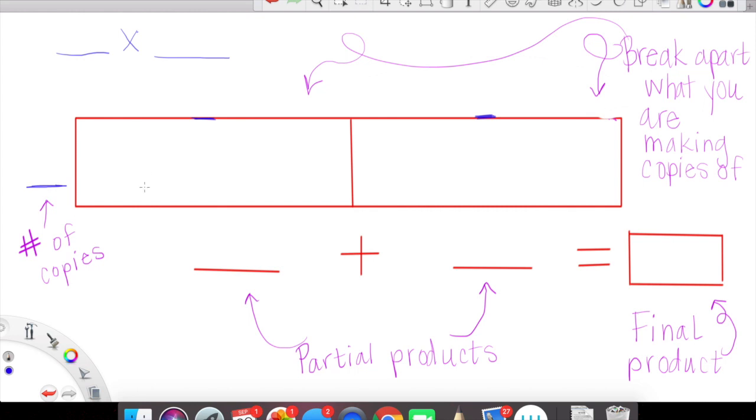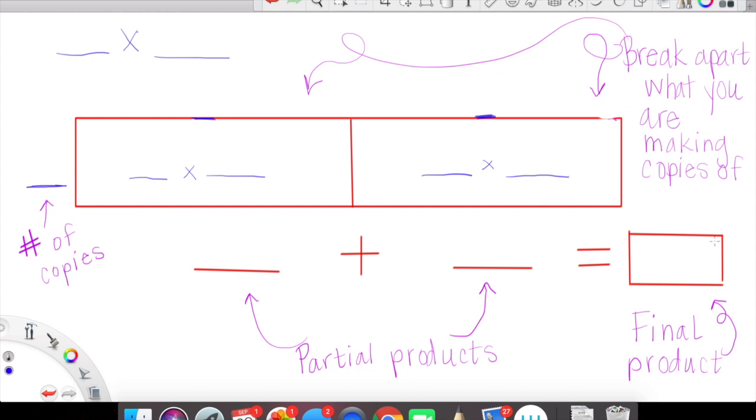Within each of these rectangles, we will have 1 multiplication expression. You're going to multiply, and then put the answer below the rectangle. So we're going to end up with 2 partial products.